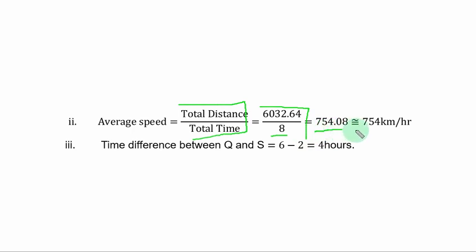To 3SF, you have 754 kilometers per hour. Roman figure 3, time difference between Q and S. The time difference is simply 6 minus 2, and that is 4 hours.